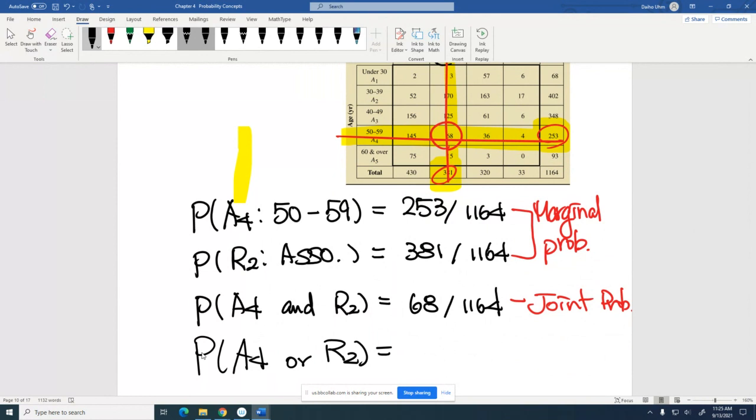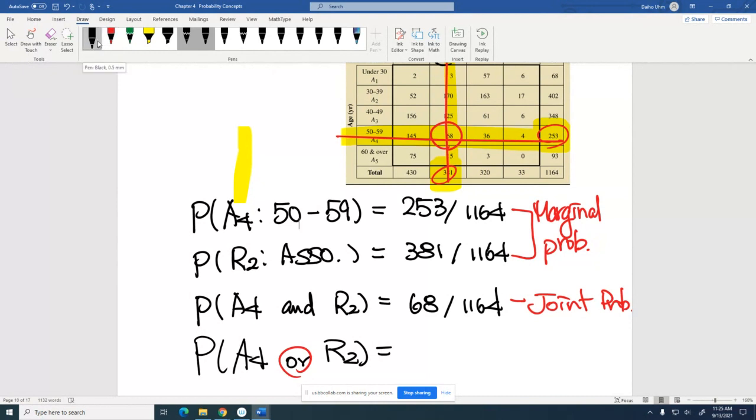Among the 50s, they could be assistant. They could be full professors, right? The other way is among the associate professors. They don't have to be 50s. They could be 60 or over, younger, it doesn't matter, right? But anyhow, we have an "or" now.